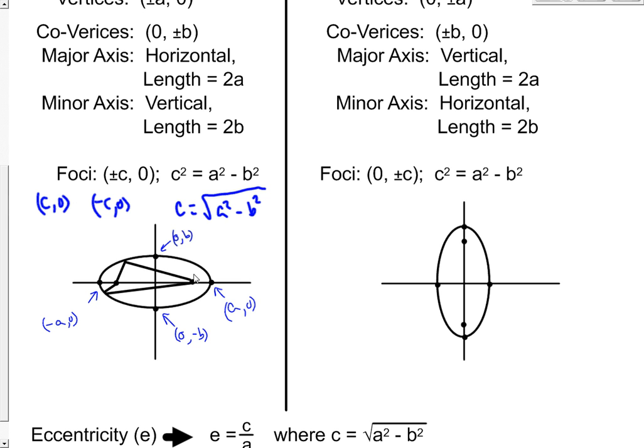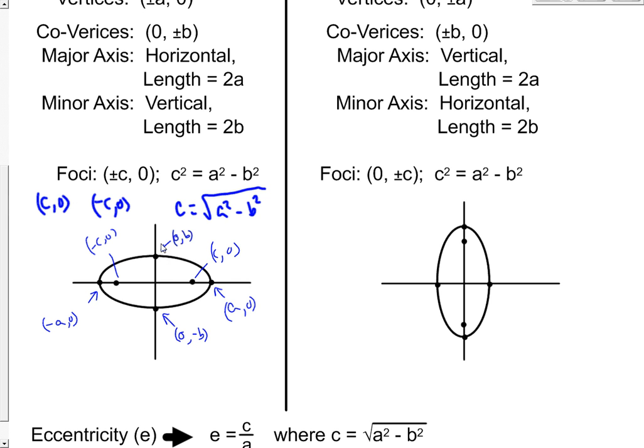So no matter where you are on the ellipse, those lengths will be equal to each other. Other than that, the foci are giving us the value of c. So this focus is (negative c, 0), and this focus point over here is (positive c, 0).